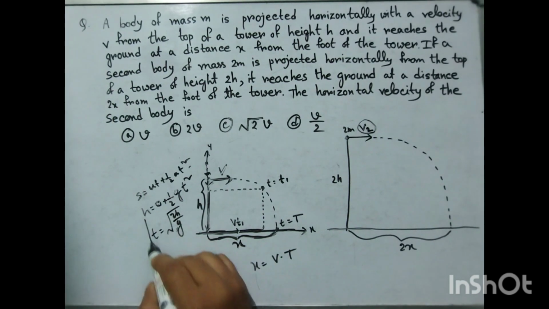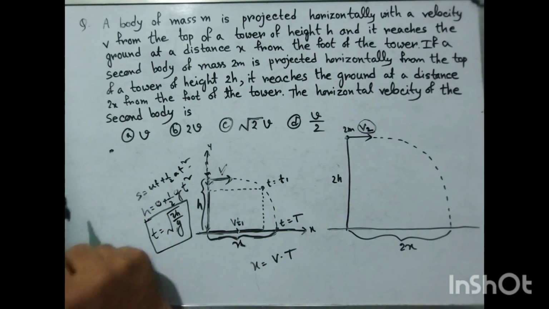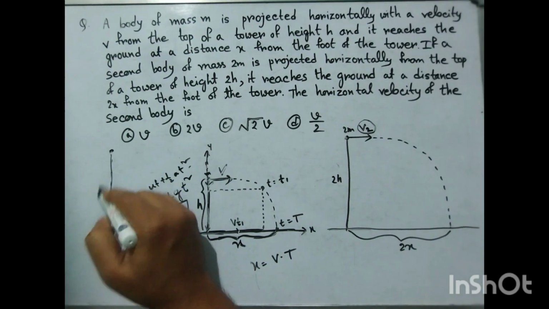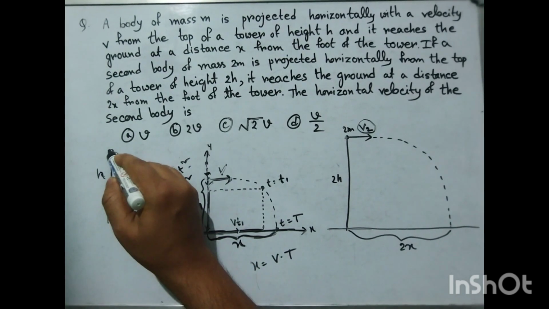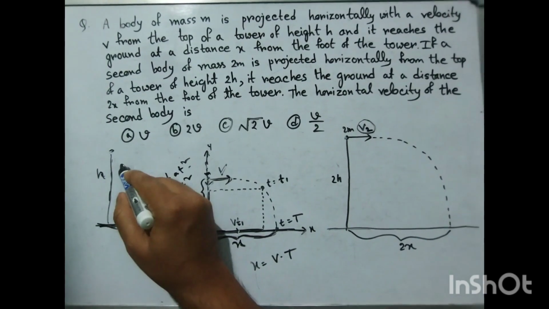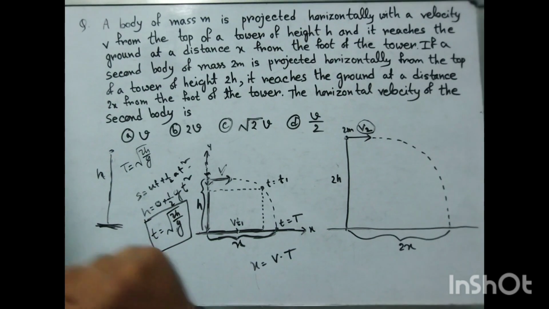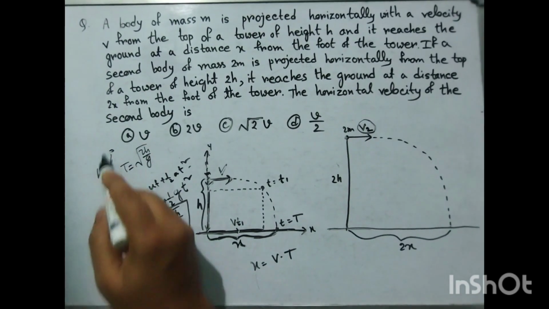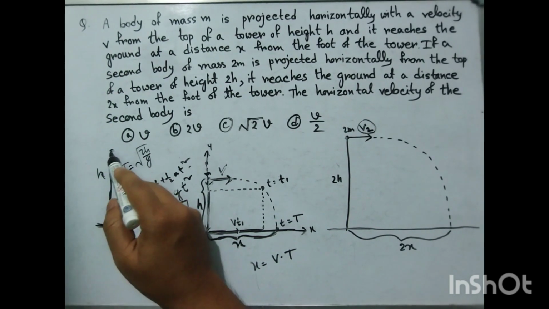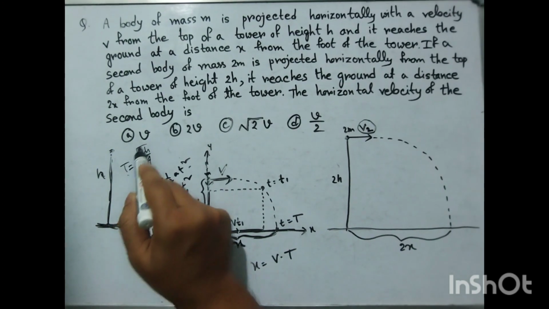For competitive exams you have to remember this formula: if a particle is in free fall, and you drop a ball from rest from height h, then the time taken to reach the ground, capital T, equals root 2h by g.